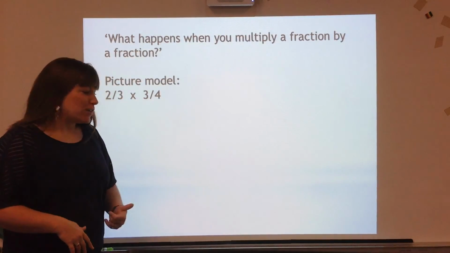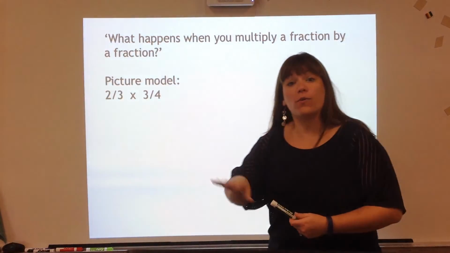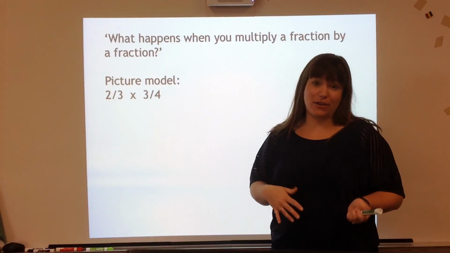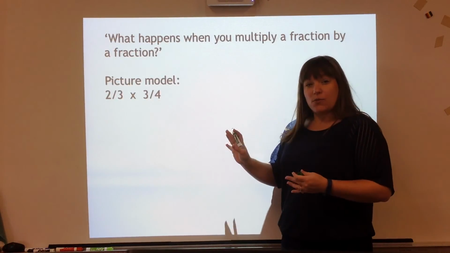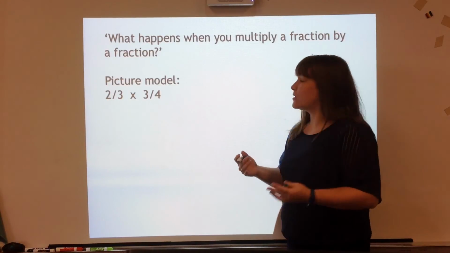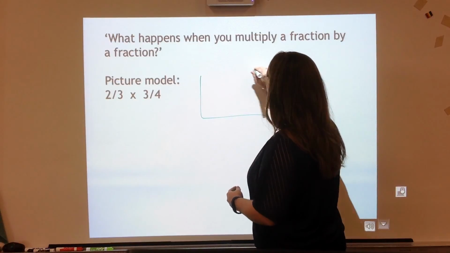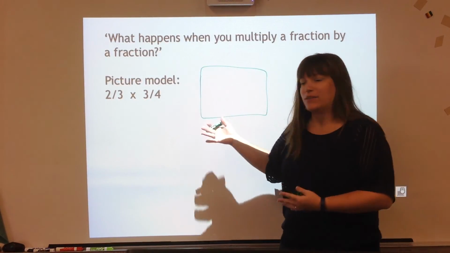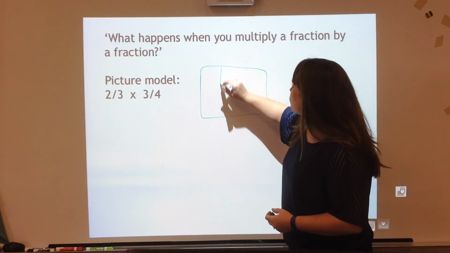And I'm going to start, like the previous video, with a picture model of what's going on when we're actually multiplying a fraction times another fraction. So the difference between fractions and whole numbers is that we're not going to start out with wholes. We're actually going to be talking about one thing, and I'm going to represent that as a rectangle, and that is divided up into thirds.